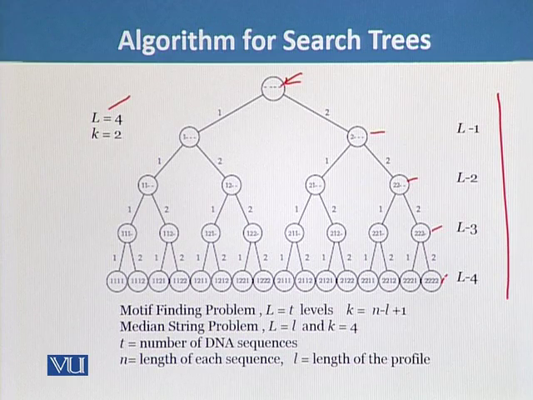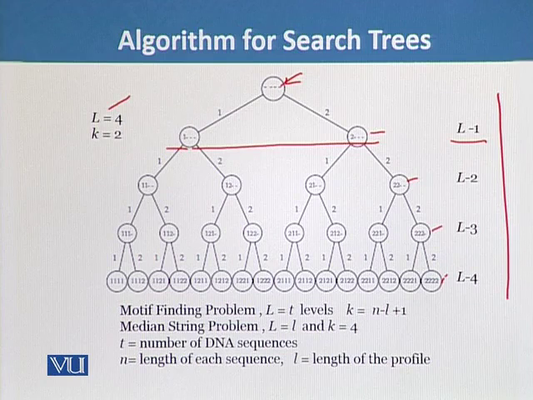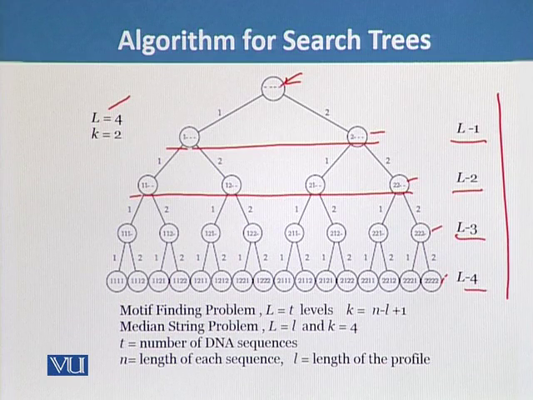We can see this is level 1, L minus 1. This is the second level, L minus 2, and so on. So every tree has its L levels. So when we add the leaves of a tree, the level will become L-1, L-2, L-3 and so on.